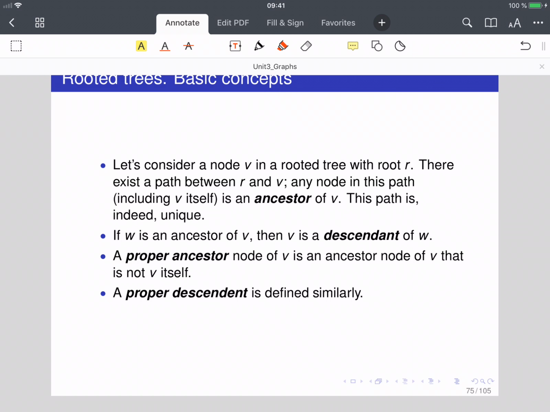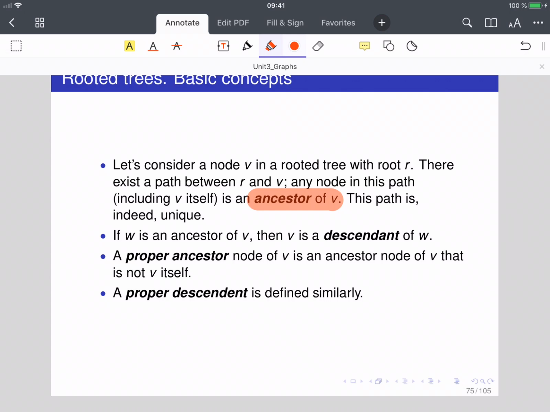So we say that an element is an ancestor of another element in a rooted tree if, when we go from the element to the root, we find that other element, that ancestor. And we also say, in the other direction, that the element that is lower in the tree is the descendant of the other element.